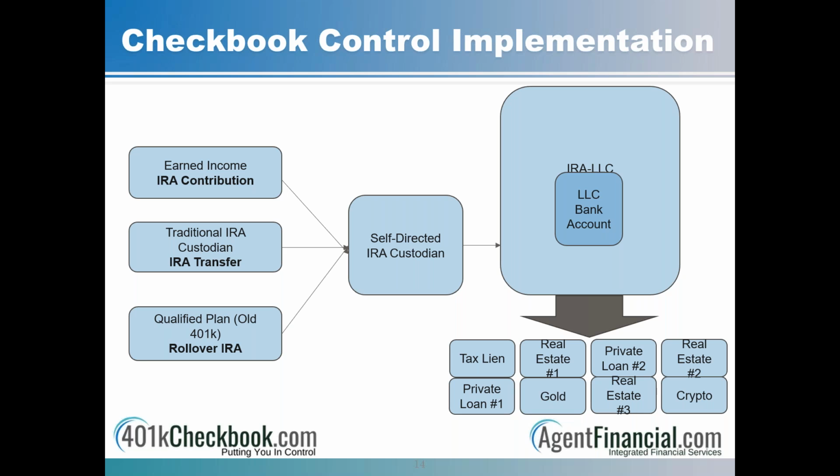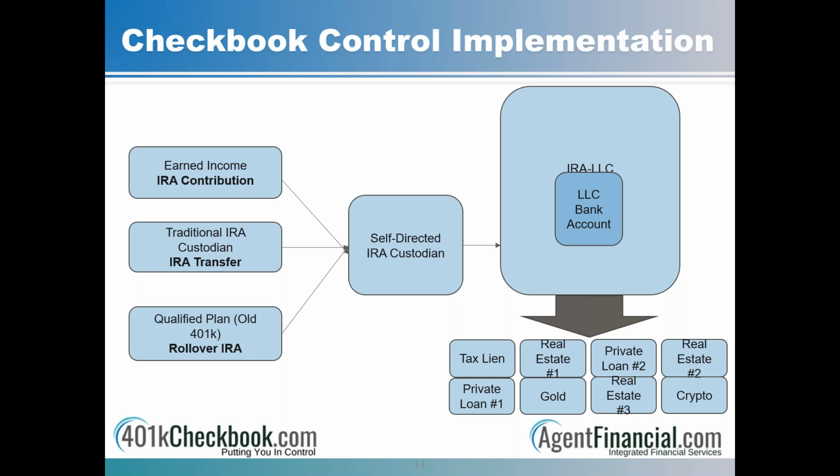We've got to have an IRA and a self-directed IRA custodian. Then we've got to have the IRA LLC. We've specified LLC in this slide. We use some alternative structures as well. We may use trusts, for example, but for the most part, our go-to, the default, is to use an LLC structure.